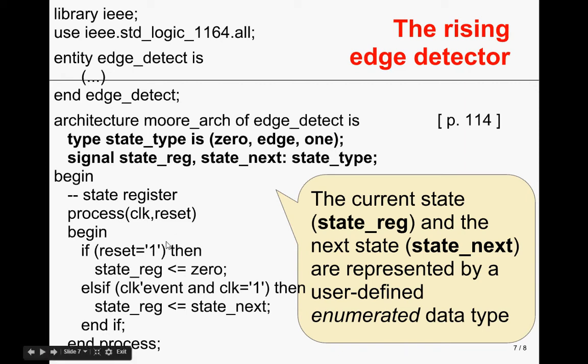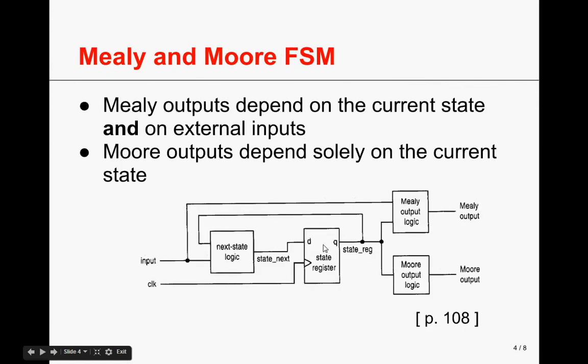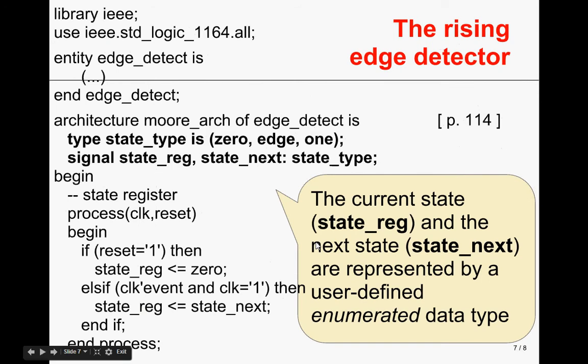Now, the state register, which you may recall is the block in the middle in this representation, is represented as usual using the construction that we are already familiar with. So if reset is at 1, then state reg goes to the initial state, which in this case we called 0.